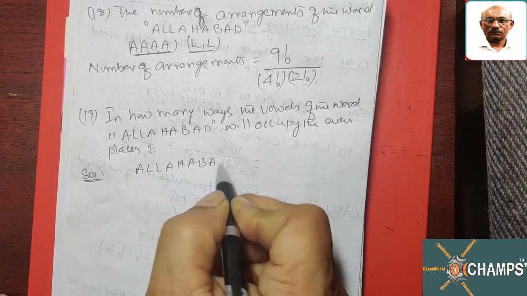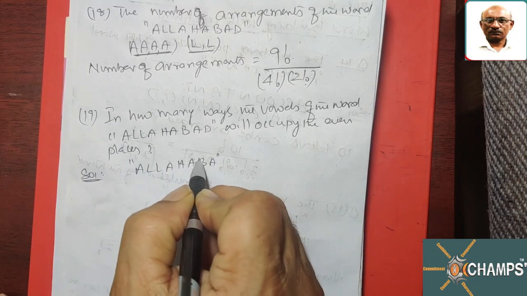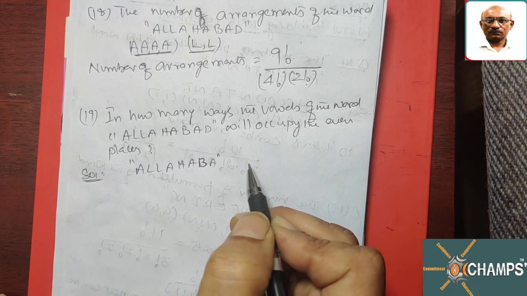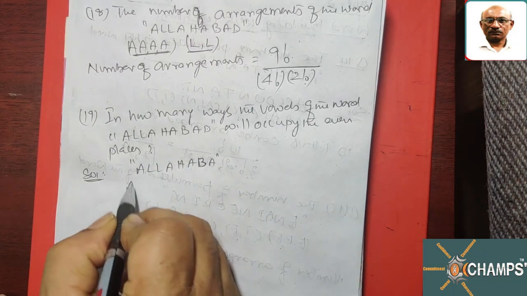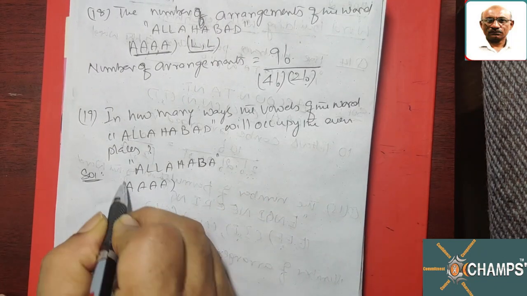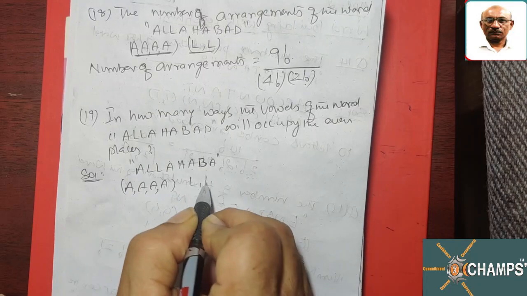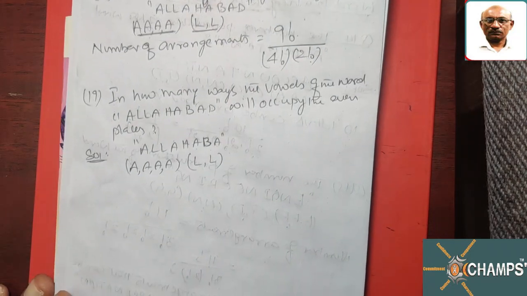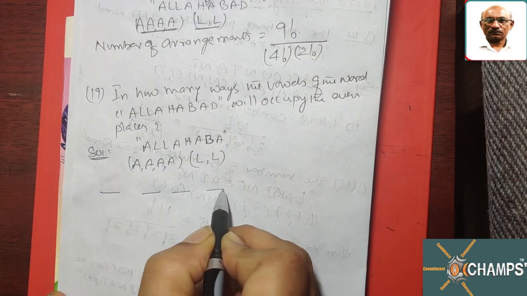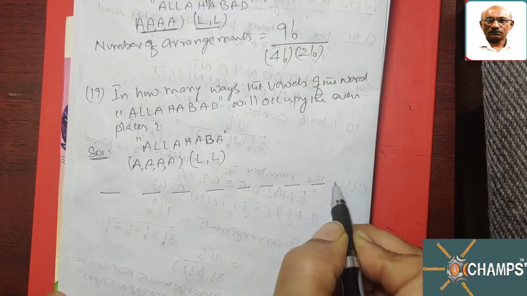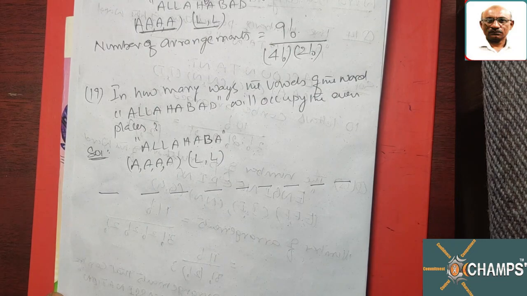Allahabad is the word given. For North Indians it is Allahabad, but for South Indians it is Allahabad. A is repeated 4 times, L is repeated 2 times. Okay. Now 1, 2, 3, 4, 5, 6, 7, 8, 9. 9 places are required to arrange 9 letters.